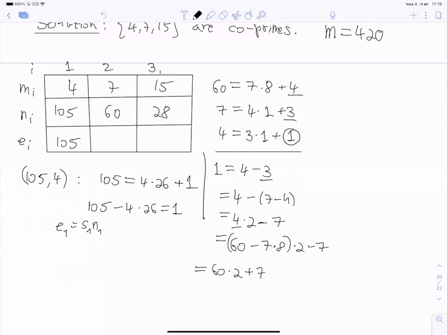So here we have minus 16 and here minus 1. So it's minus 17. Let me check it is correct. So if our N2 was 16, this is our E2.